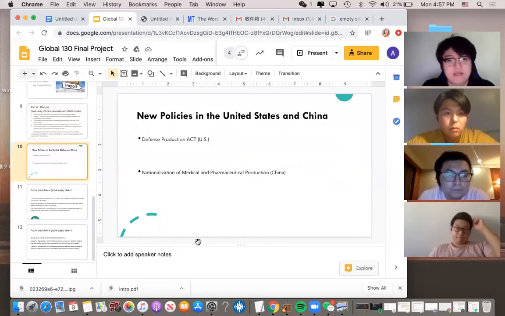During the pandemic, two of the biggest economies in the world, the United States and China, both established new policies to fight against the COVID-19 pandemic. Specifically, the United States established the Defense Production Act, known as the DPA, to prioritize and allocate health and medical resources to fight against the spread of COVID-19.